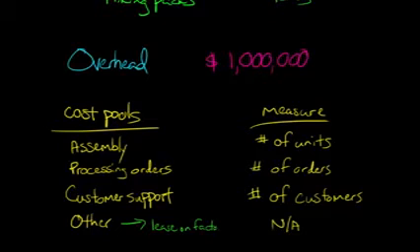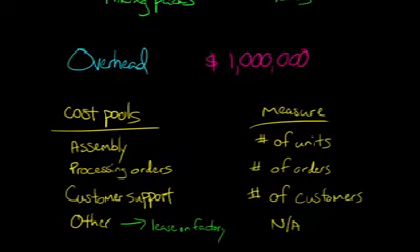We've got a lease on the factory to produce our tents and our hiking packs, and that really doesn't fall into any of these cost pools, and we don't even want to be assigning it to either the hiking pack division or the tent division anyways, because realistically, if we got rid of one of those products, we're still going to need the factory. So we just dump this in the other category because we don't really want to spread that cost. We just want to be looking at these cost pools right here. This is what we feel is the best basis for comparison.